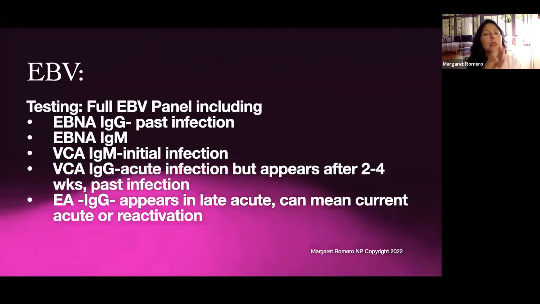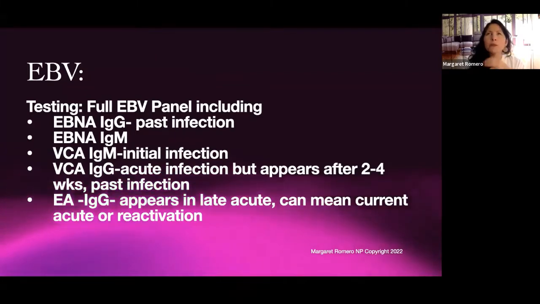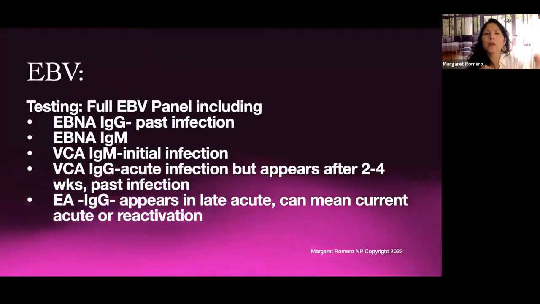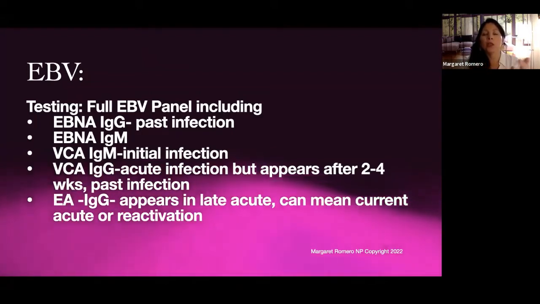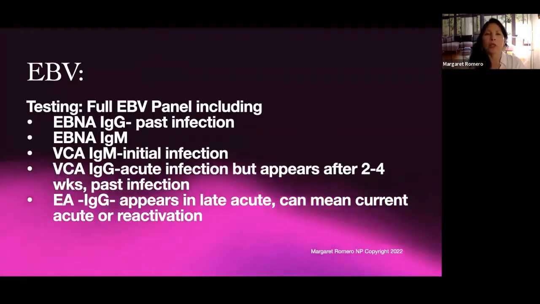At times you really have to think about when the symptoms started and how long you've had them, because these can be a little confusing. You don't necessarily need to learn how to interpret this yourself, because if you're going to get this done, it's going to either come from your primary care, or if you like to work with me, then someone will interpret this for you.